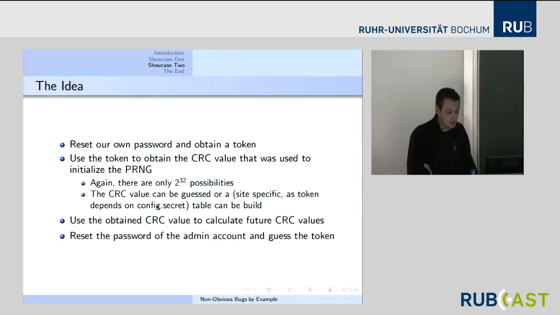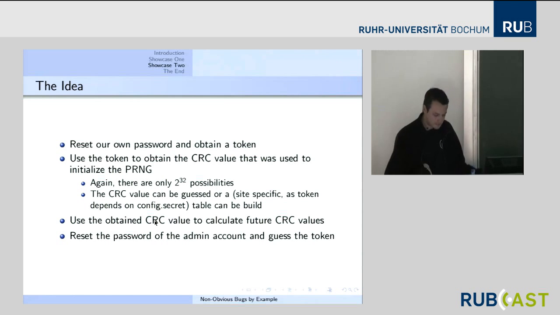But this table needs to be installation specific because this one depends on config.secret. The password reset hash does depend on config.secret because they used the get hash function, as we have seen in the code some slides ago. So anyway, we are able to obtain the CRC value that was used to initialize the generator by looking it up in the table again.